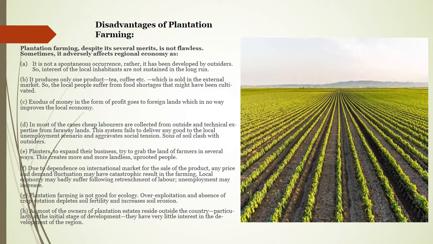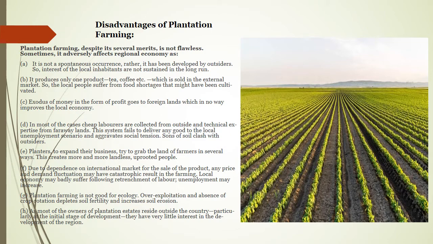The local economy may badly suffer following retrenchment of labor. Unemployment may increase. If the market collapses, if the demand for the product which you have grown is less, ultimately the profit you are going to gain is less. Because of this, it is going to suffer a lot. Unemployment chances may also increase.